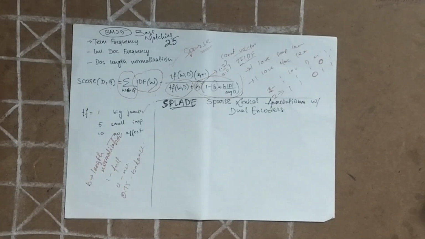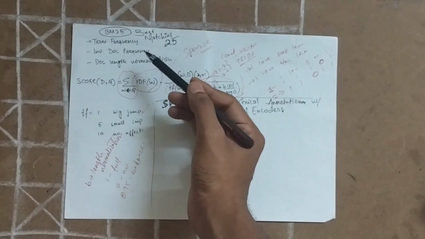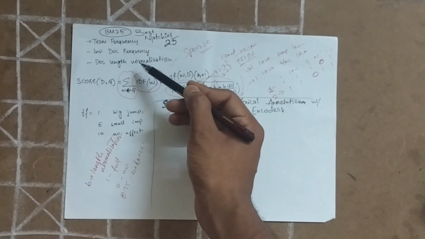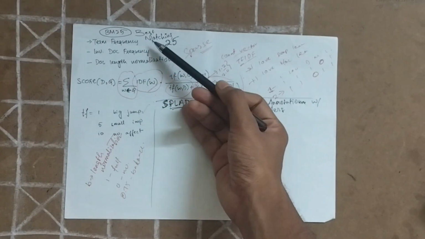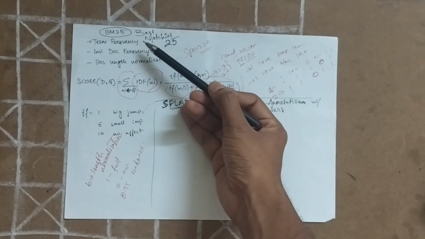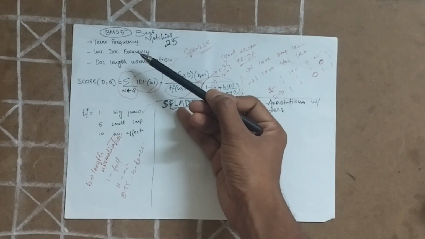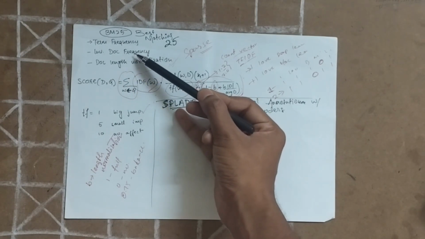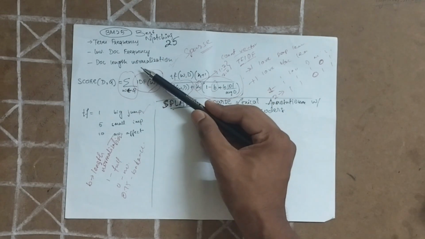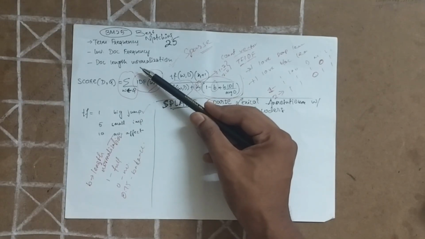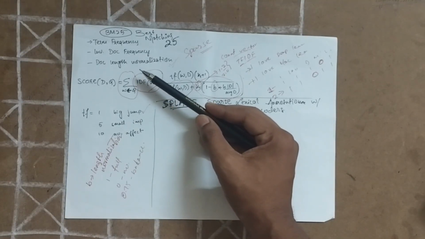It is a ranking algorithm that scores how well a document matches a query based on three things: term frequency, inverse document frequency, and document length normalization. Term frequency tells how often a query word appears in a document, and how rare the word is across the corpus is told by inverse document frequency. Document length normalization means the shorter documents get boosted.